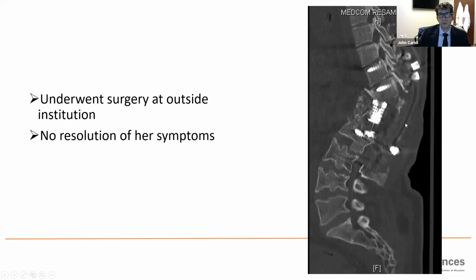Basically, what the other surgeon had done was a 2-level VCR, but he didn't do any correction, basically just put a cage sitting on the anterior lip of T10. And she still is just as kyphotic as she was before.